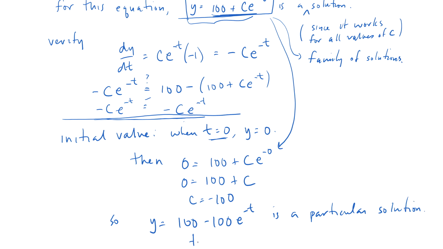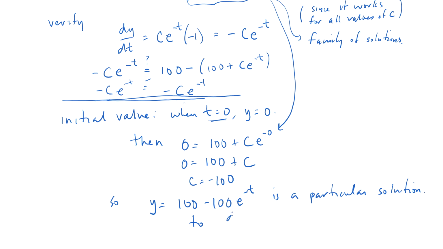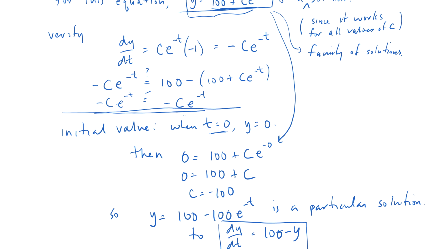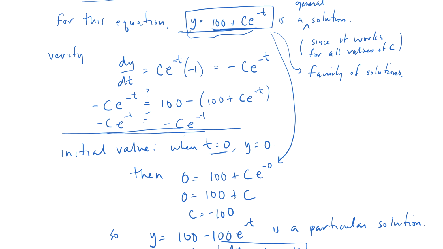To dy dt equals 100 minus y. Okay, so to recap, I have a differential equation. I've got general solutions.